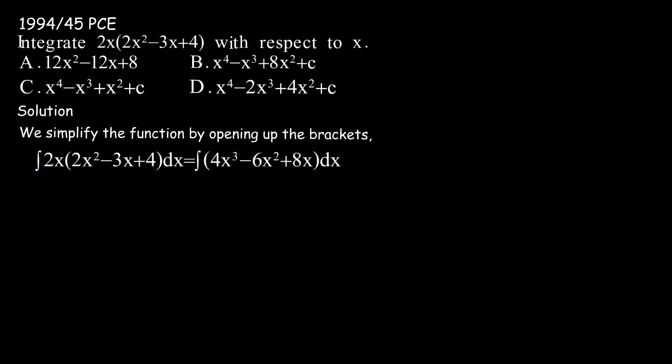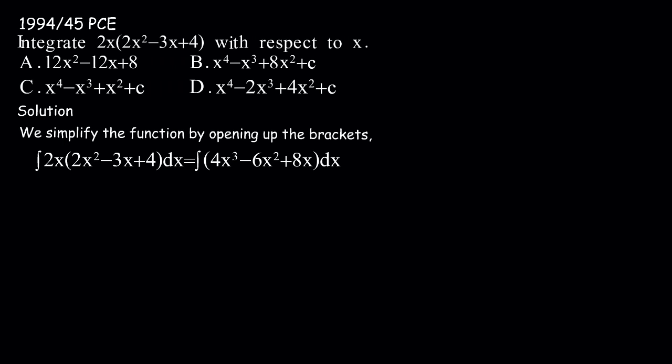Doing so, the integral of 2s in bracket 2s squared minus 3s plus 4 ds will be equals to the integral of, expanding the bracket, it becomes 4s cubed minus 6s squared plus 8s, because 2s times 2s squared is 4s cubed, 2s times minus 3s will give us minus 6s squared, and 2s times 4 is 8s.